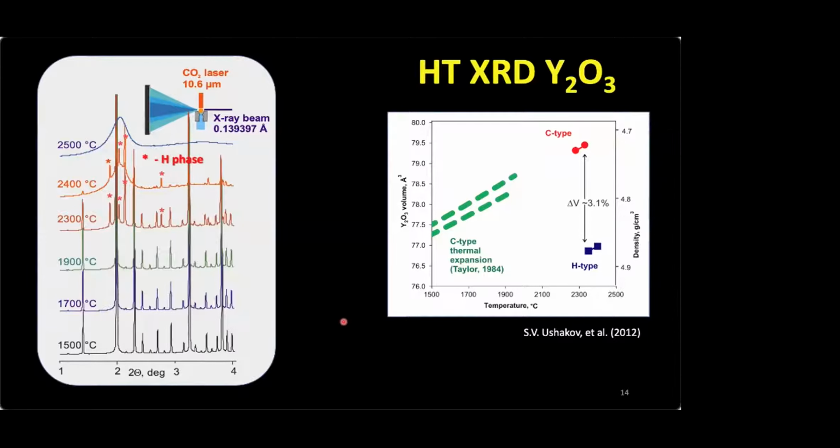So we performed experiments on yttria almost 10 years ago, both in oxygen and argon, and we only saw the H phase. Well, interestingly, by refining the patterns which contain both C and H type phases, we can detect a volume change on the C-H phase transformation, and it's negative.